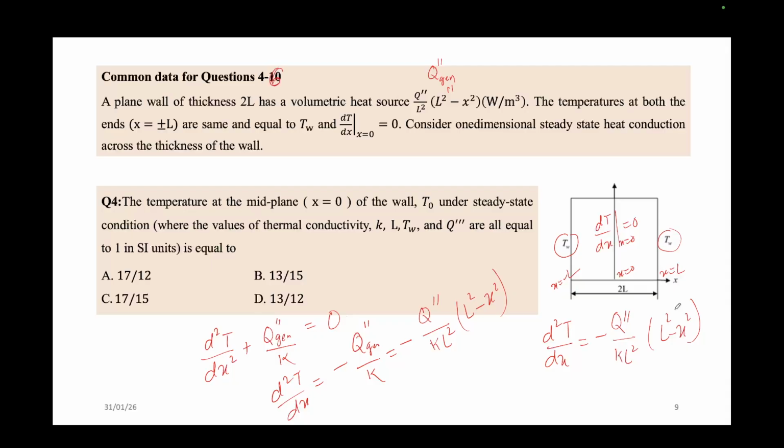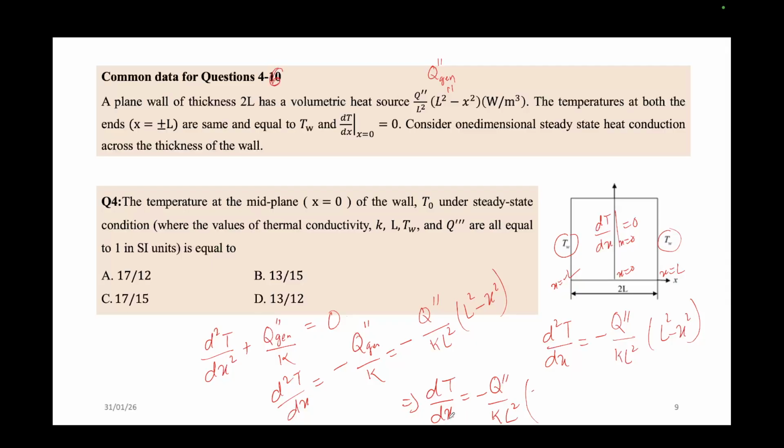So after that, what we can do? If it is in derivative form, so what if we have to find the temperature? What you need to do? Yes, good. So if I integrate it, what I will get? Del T del x, right? So the constant will come out first. So next, integration of L square into what will be the integration?